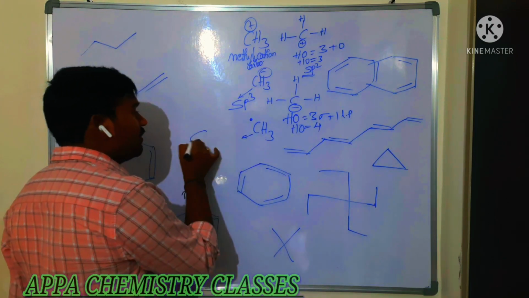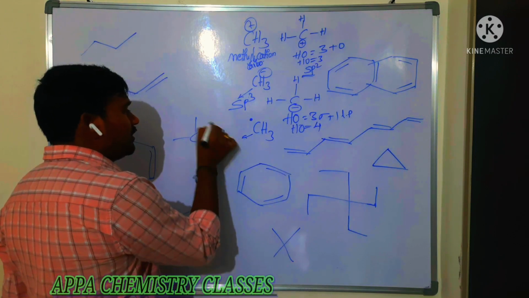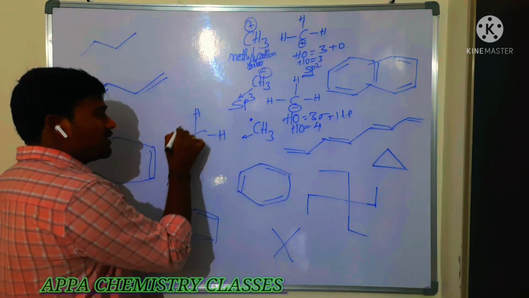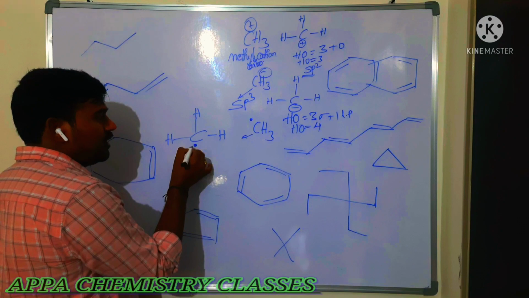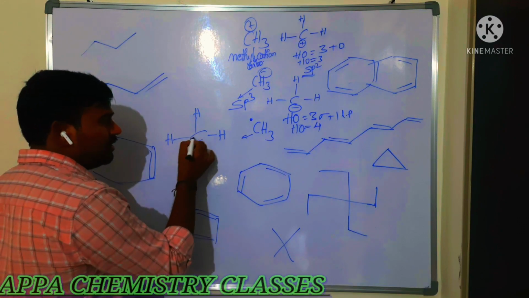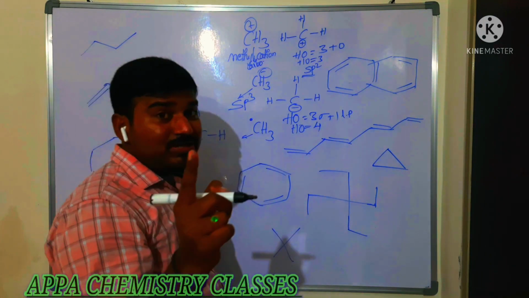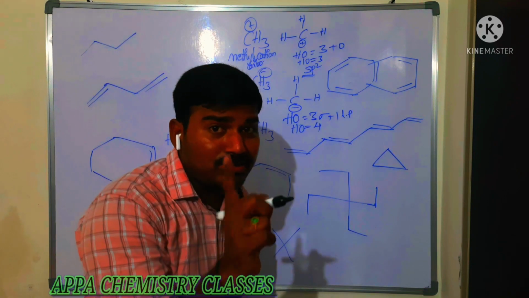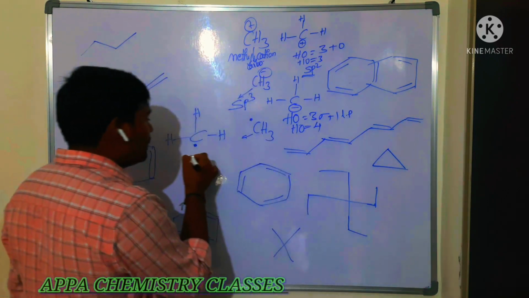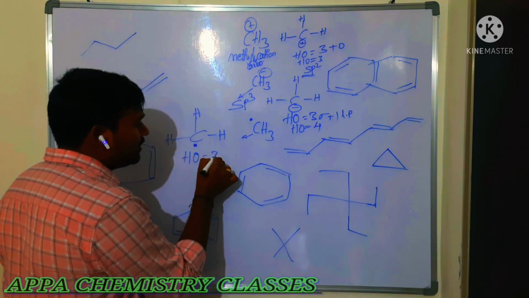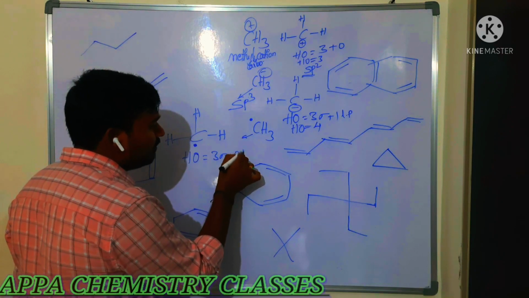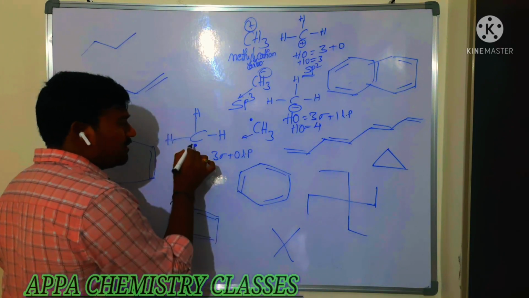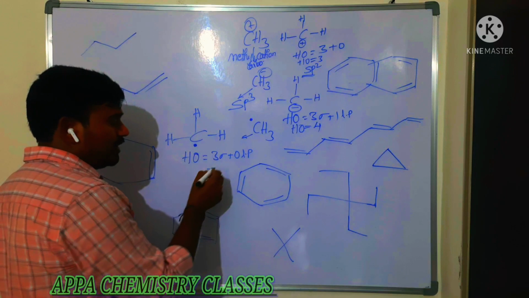Now what about this one? This carbon will have 3 bonds with 3 hydrogen atoms. One dot is there, and this dot indicates only a single electron. A single electron is not considered a lone pair. Then hybrid orbitals will be 3 sigma bonds plus 0 lone pairs. So this single electron does not involve in hybridization.